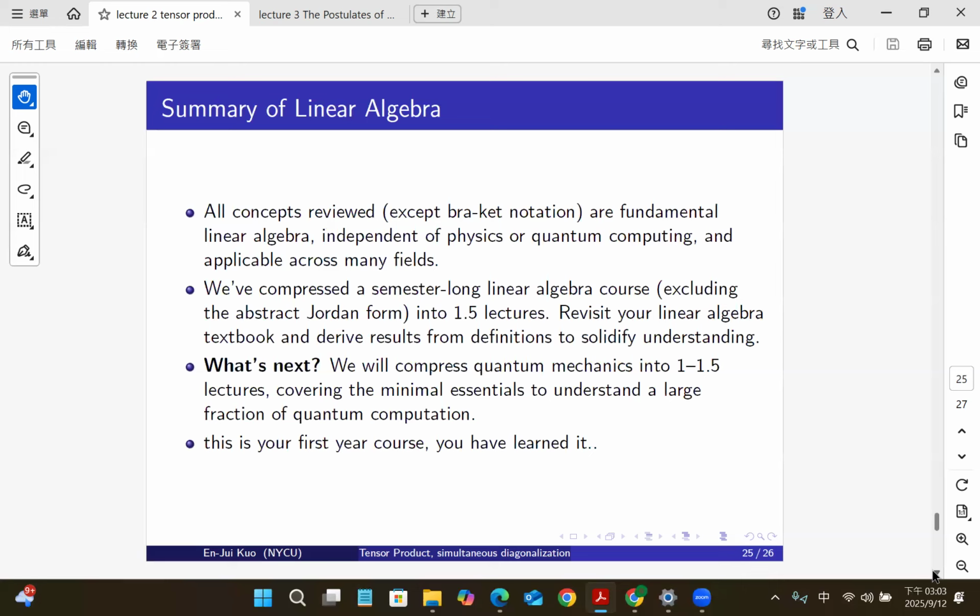So basically, I compressed a semester of linear algebra into 1.5 lectures. I will try to compress the whole of quantum mechanics and physics into 1.5 lectures as well, so that you can cover the minimum essentials to understand quantum computation.